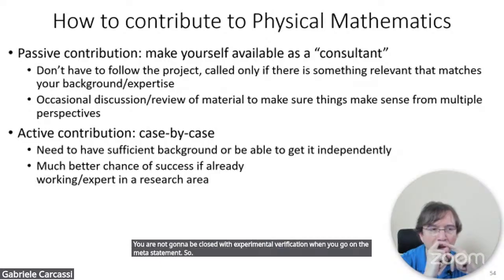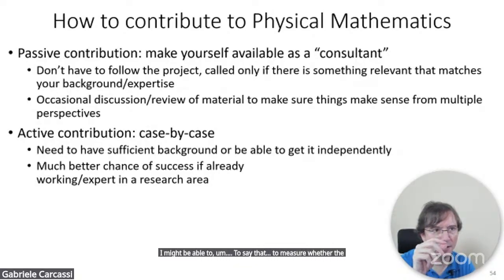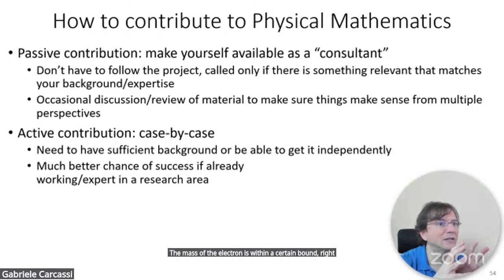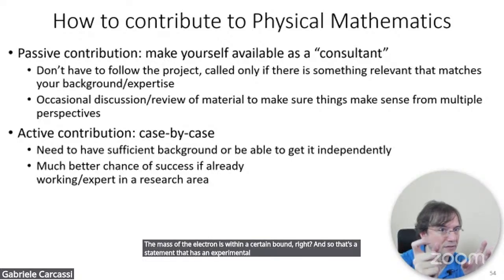So I might be able to measure whether the mass of the electron is within a certain bound, right? And so that's a statement that has an experimental test associated with it.